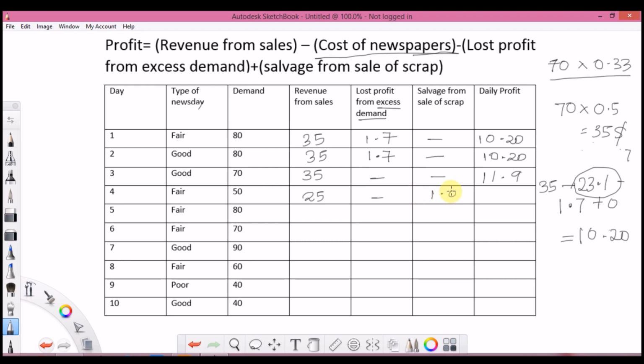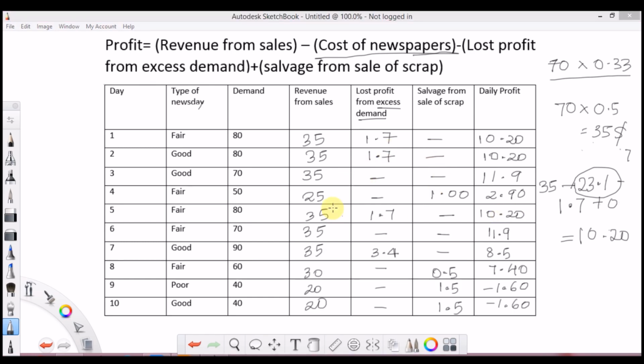Applying the formula, I get 2.90. Similarly, I do it for the rest and fill the entire table: 35, 1.7, nil, 10.20.